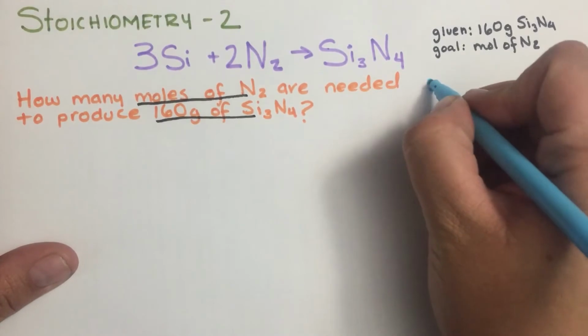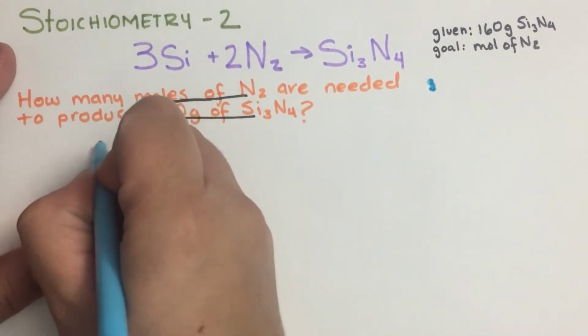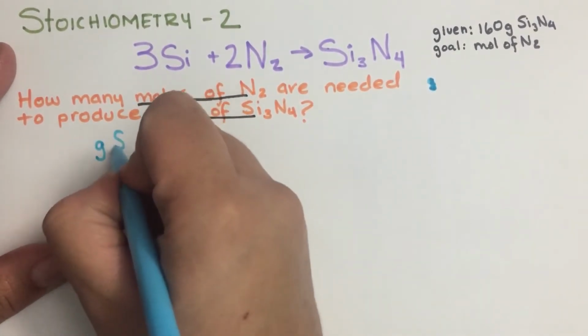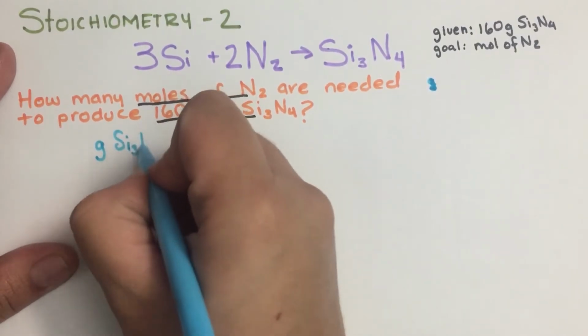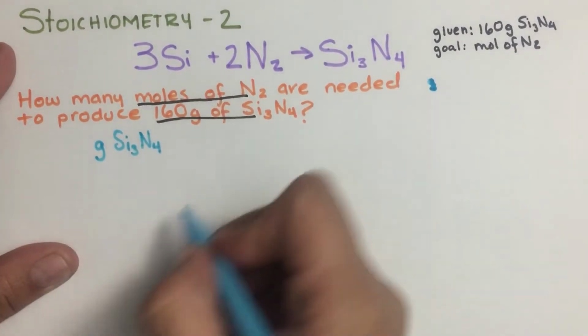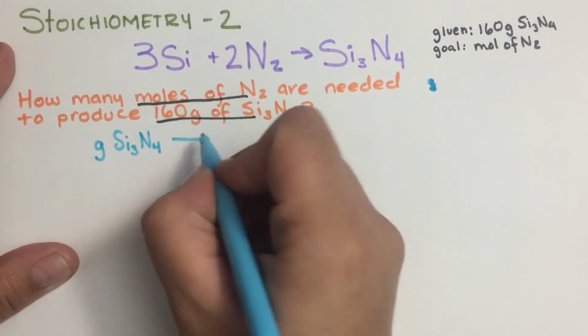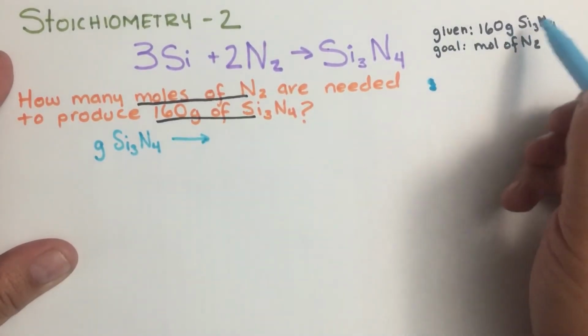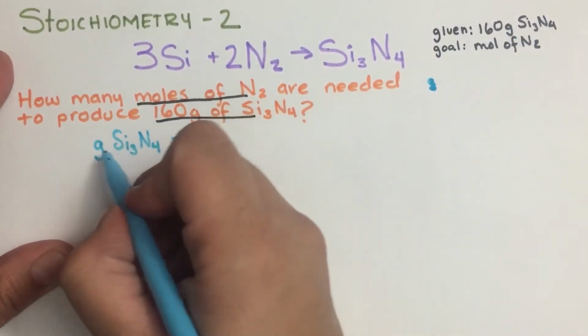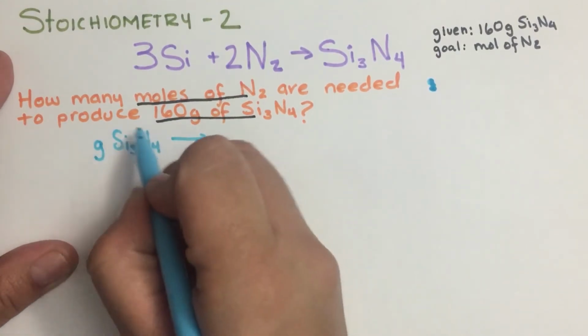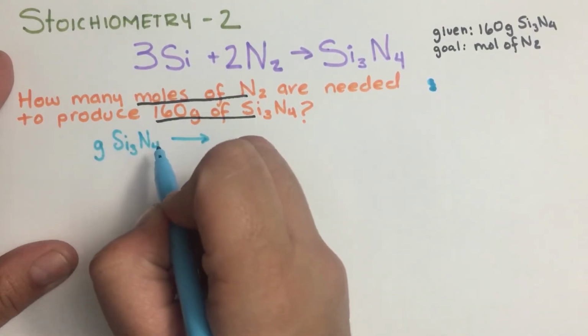Let's write it down here so that we have more space. So from grams of Si3N4, we need to go to moles of the given, always to moles of what you have. You need this information, but not in grams. You need it in moles.